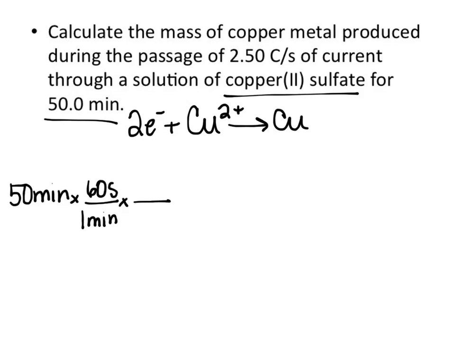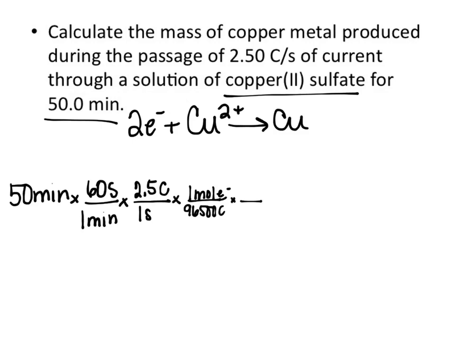Now that we're in seconds, we can use our amps, so 2.5 coulombs per 1 second. Where's our next step? Faraday constant, so 96,500 coulombs for every 1 mole of electrons.